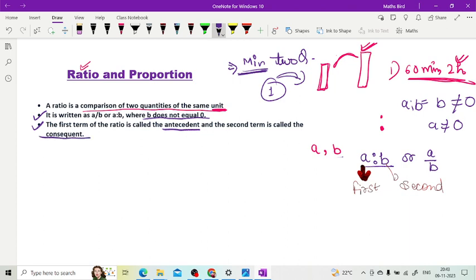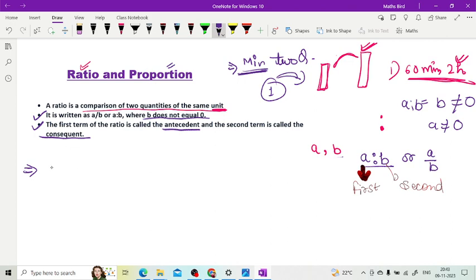Now without wasting time, let's understand how we can find out the ratio and how we can solve the questions. Proportion we will discuss later, and in short I am explaining what proportion is.